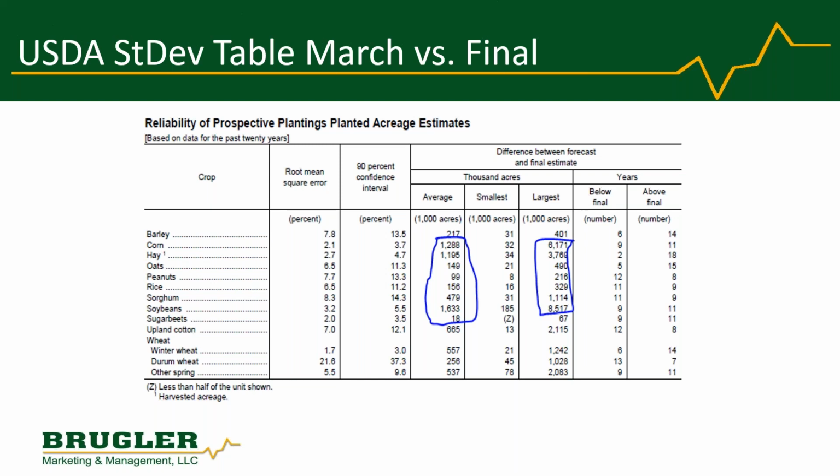That was actually last year, and 8.517 million for beans. So these averages are kind of our base case here for an increase in the June report, based on this rally today and yesterday, which is trying to buy acres, and just a history of typically finding a few more acres than what we started out with.